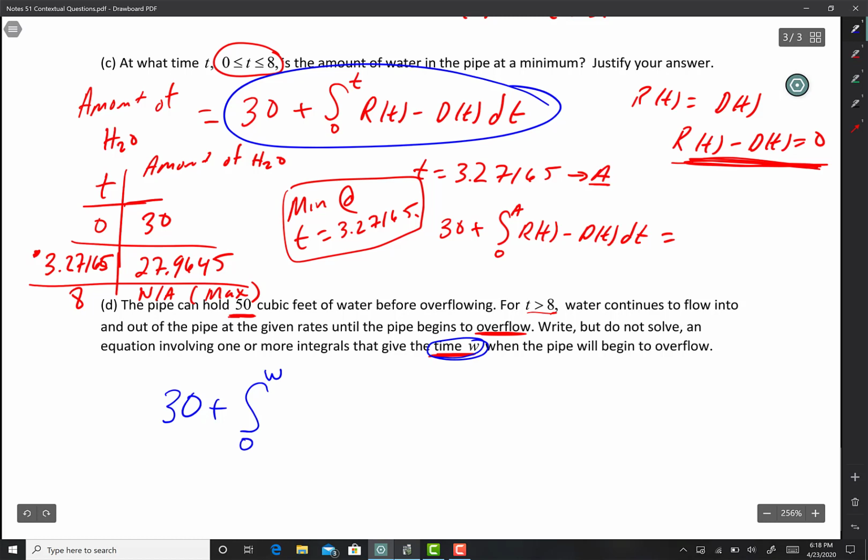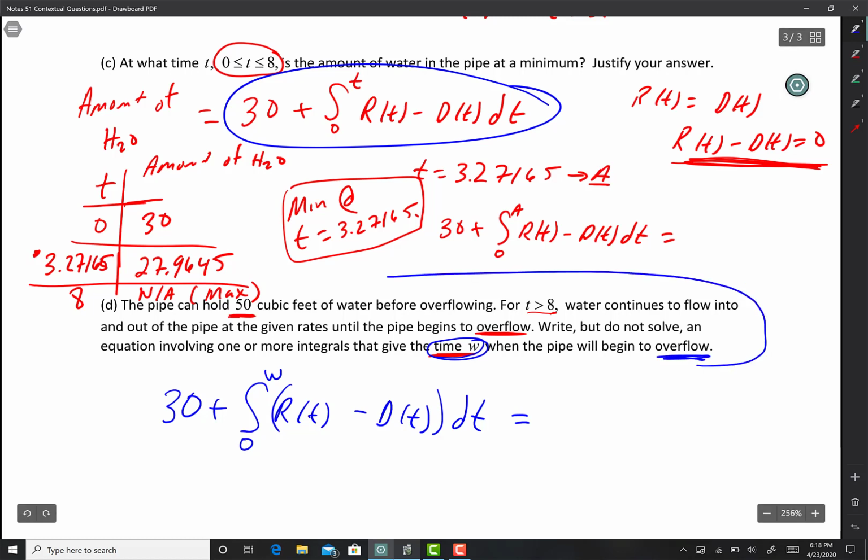And I'm going to write r of t minus d of t. And then I'm going to close that all up. It doesn't overflow until I reach 50 cubic feet of water. And so this tells you how much water you have. I'm going to put 50 right there, and you're done.